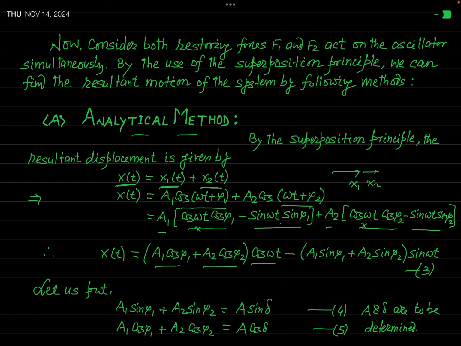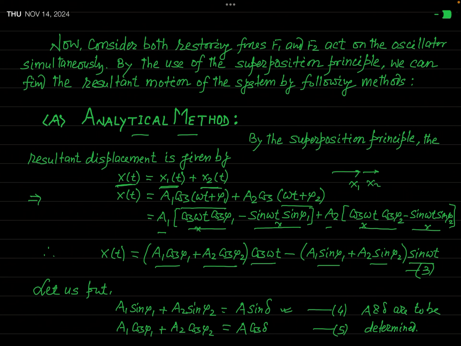Now consider this second term. We can take sin omega t as a common factor, and so this will be minus A1 times sin phi 1 plus A2 times sin phi 2, times sin omega t.